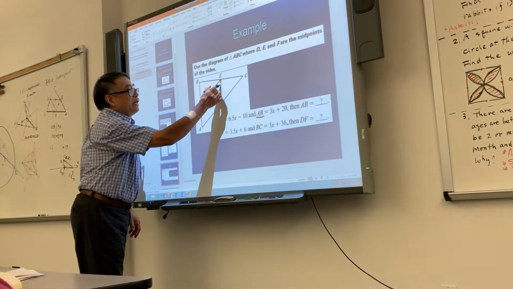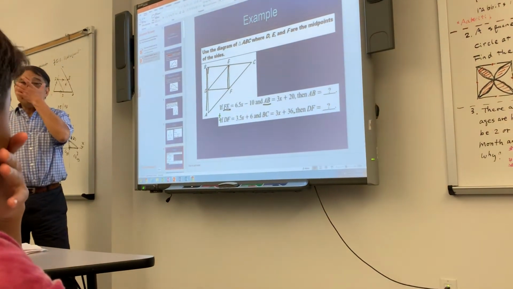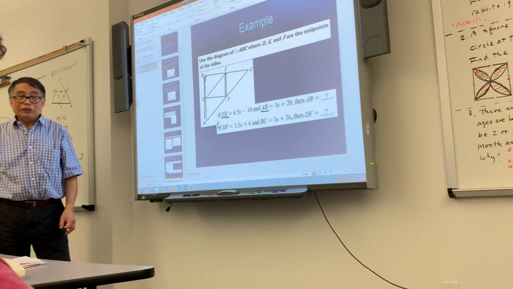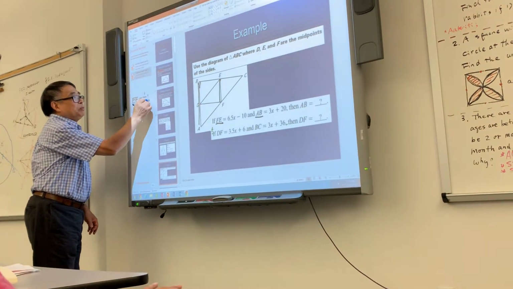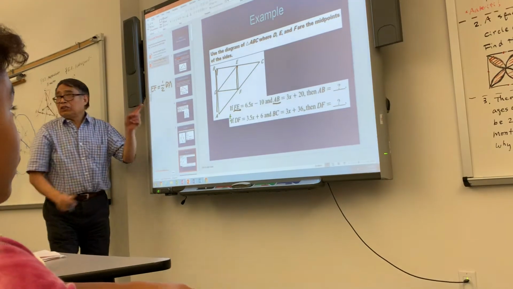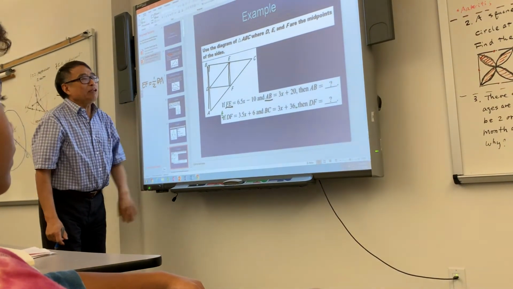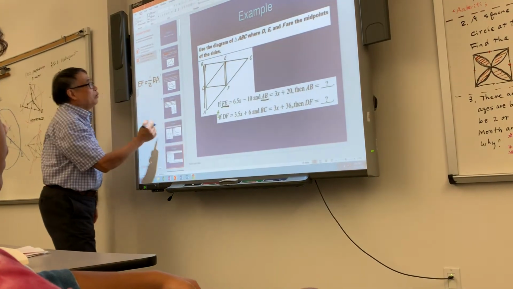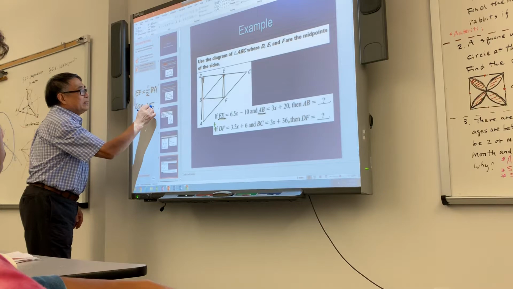Parallel, and in half. Yes, good. EF is half of BA. Please give me a geometric statement. If you give me geometry, you will not make a mistake. EF is 6.5x minus 10.